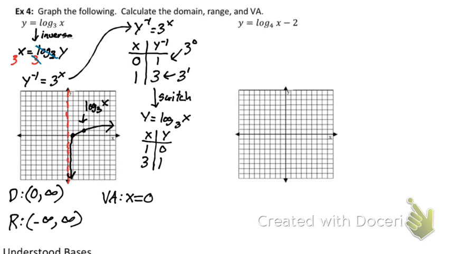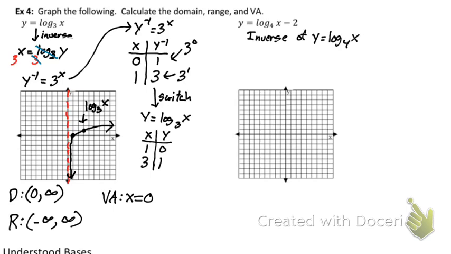All right, our next one. We are going to go ahead and find the inverse, but instead of finding the inverse of y equals log base 4 of x minus 2, we are going to find the inverse of just y equals log base 4 of x.